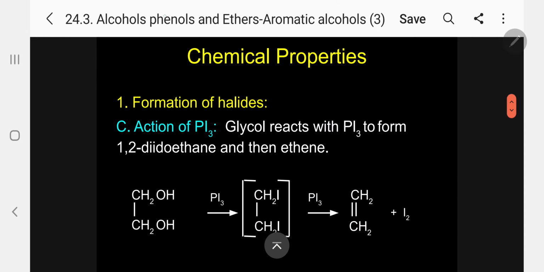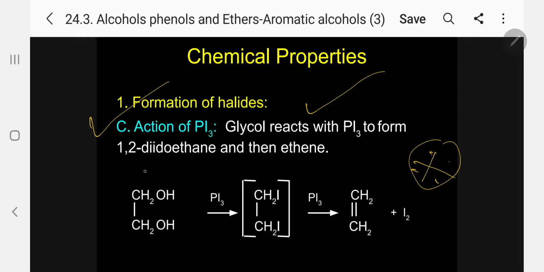Now, the action of phosphorus triiodide. This is very interesting information. Please memorize, the question can be asked. Because phosphorus pentachloride is a normal reagent giving 1,2 dichloroethane, whereas glycol reacts with phosphorus triiodide to form 1,2 diiodoethane, which is unstable. So what happens now?